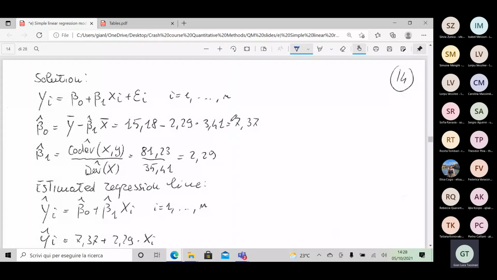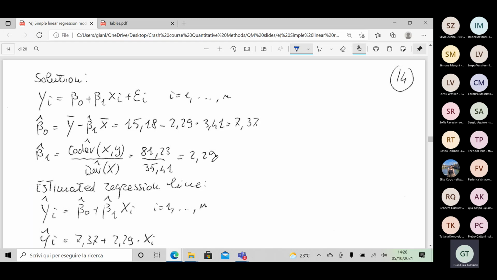of the estimates. Which is this one? This is an estimate of beta 1. And which is the meaning of this number? This means that if you increase by 1 unit the advertising expenses, so x, by €1, you expect on average an increment of the sales of €2.29.